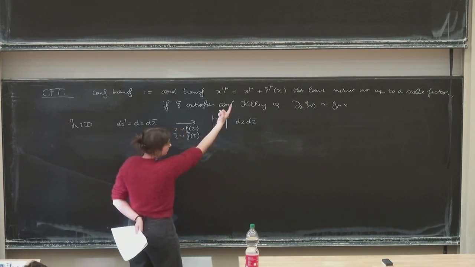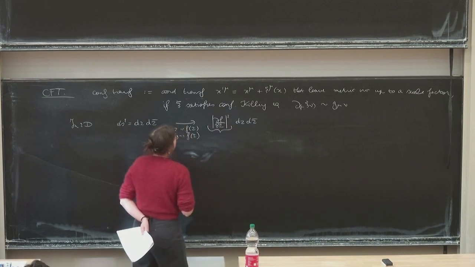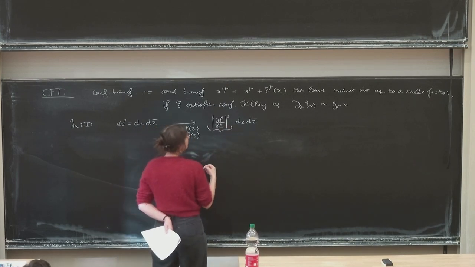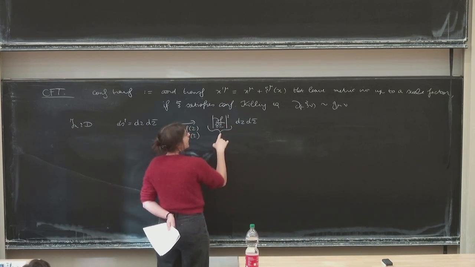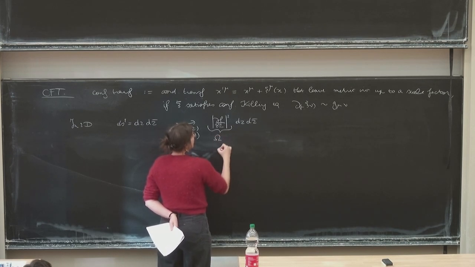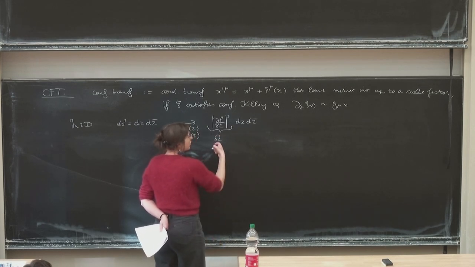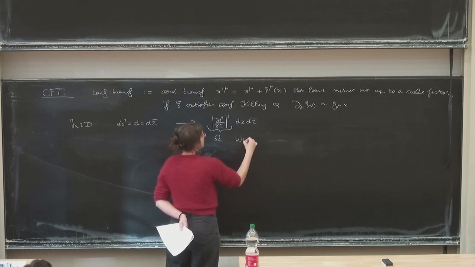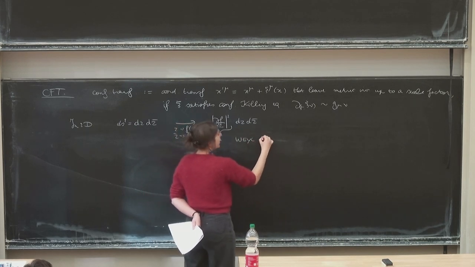So this means that any holomorphic transformation in 2D is a conformal transformation, and the scale factor that appears in the metric under this coordinate transformation, typically you call big Omega, and this is your scale factor or your Weyl factor, okay?